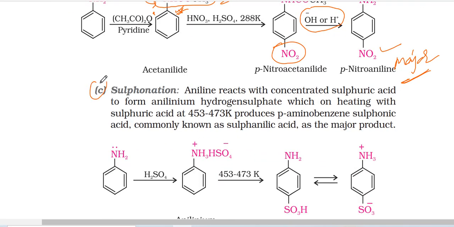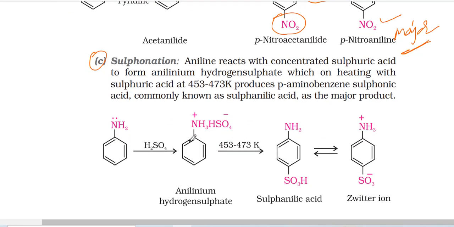Then sulfonation is also similar. First, protonation takes place here. NH3 it becomes after taking H plus, nitrogen becoming plus, then HSO4 minus is attacking here.